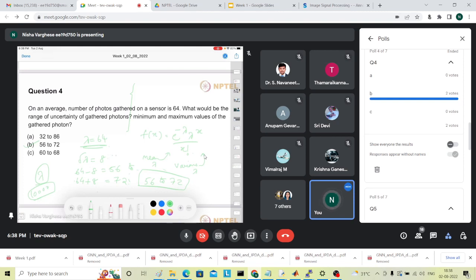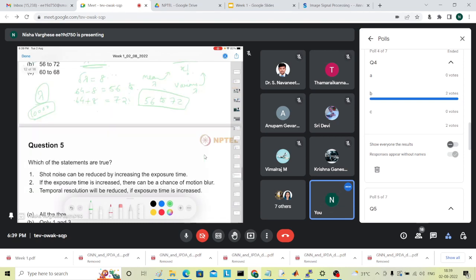But in the case of low light, say lambda is only 100, the average number of photons will be 100. Then its uncertainty will be 90 to 110. So the noise content will be more in the low light case, but in the bright light case it is negligible. That is why we get shot noise in the low light case. This is already explained.